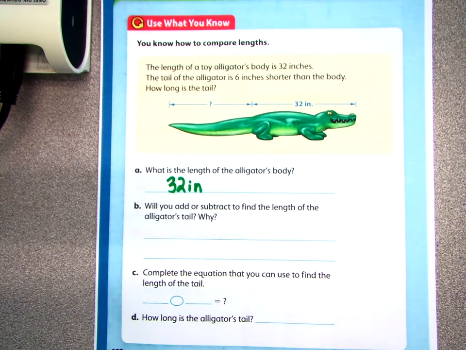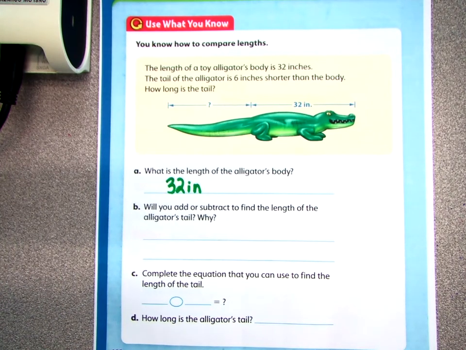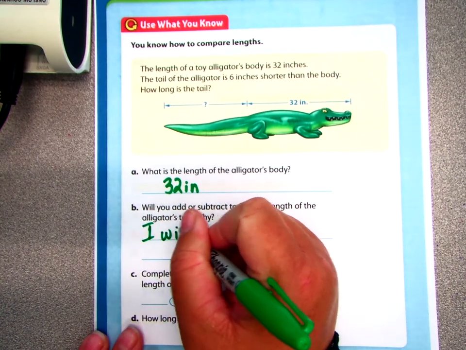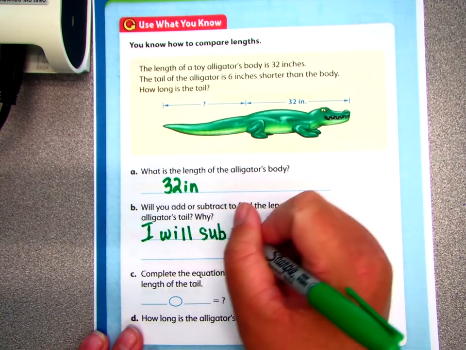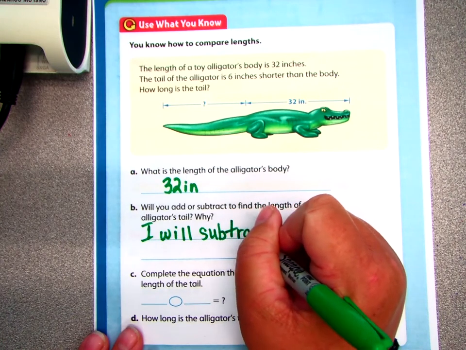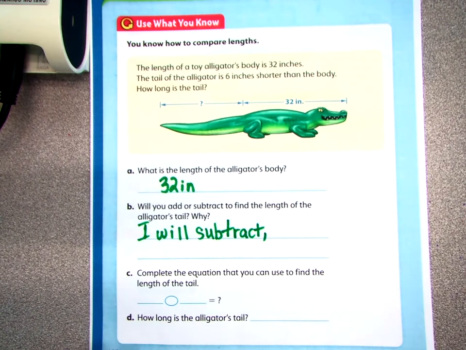Right? So, I will subtract. And some of you may be asking, well, why will I subtract?